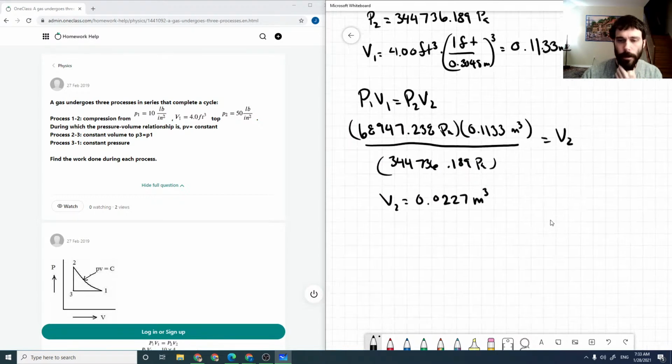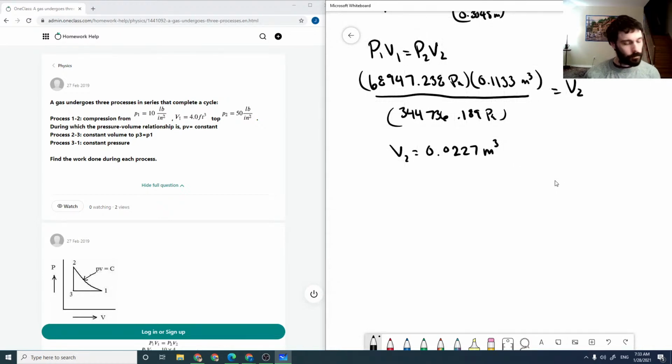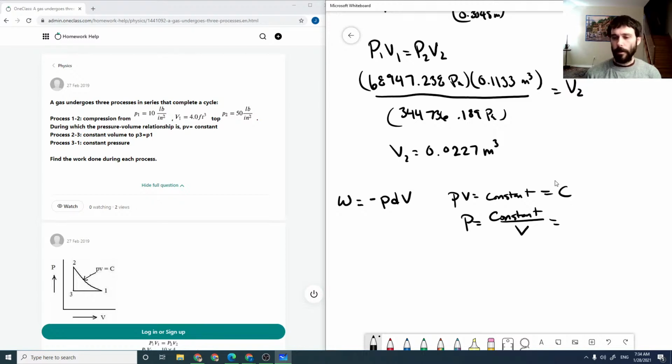Then for this first one, our work is always minus P dV. Our PV is a constant, so our pressure is our constant over V. I'm going to call this constant C, so I don't have to write it all the time.